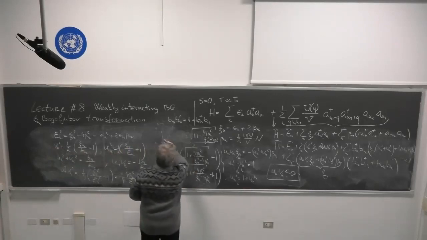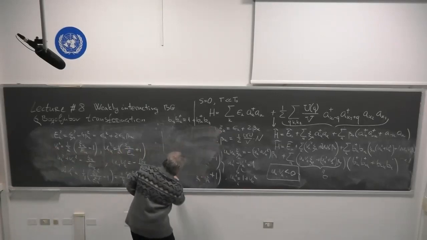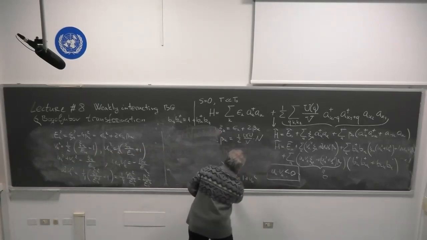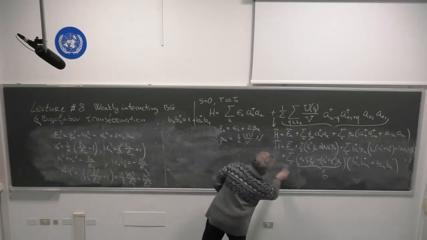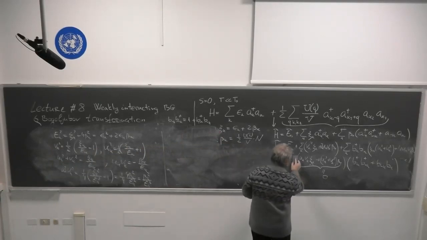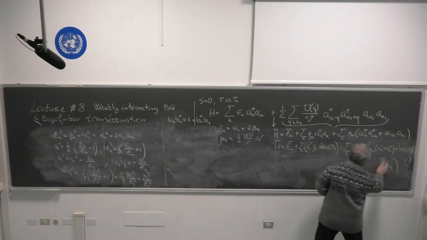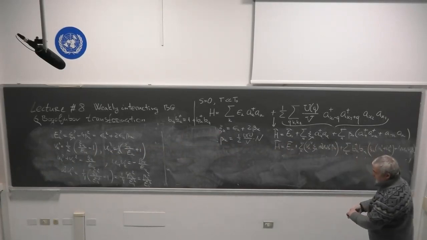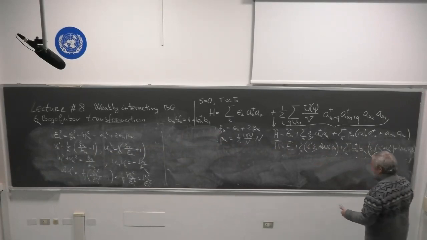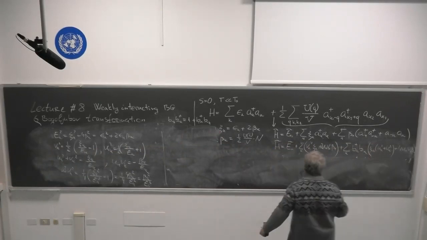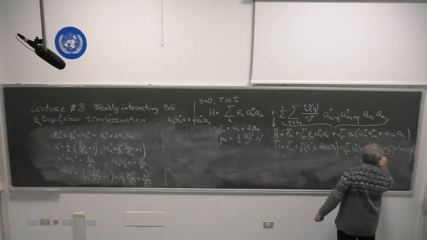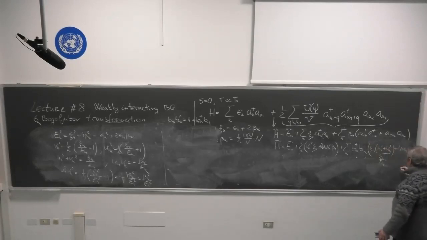Now this term is 0. I just delete it, because this is what we request. Now uk squared plus vk squared is equal to psi k divided by ek. And uk vk is equal to minus beta k squared over ek.